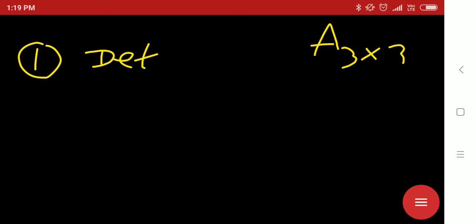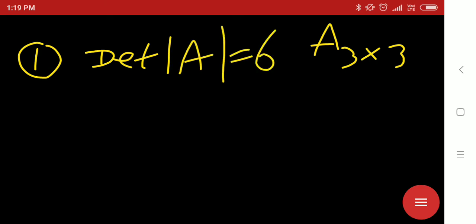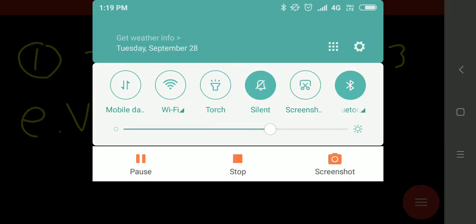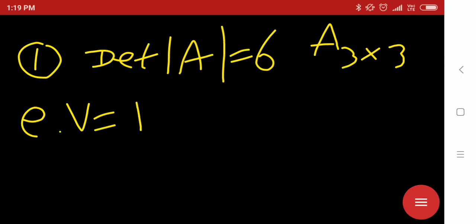First problem. Let us consider A is a 3 by 3 matrix. The determinant of A is 6 and two eigenvalues are given: the eigenvalues are 1 and 2.